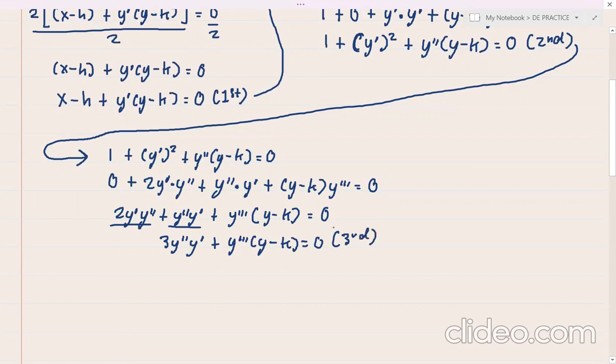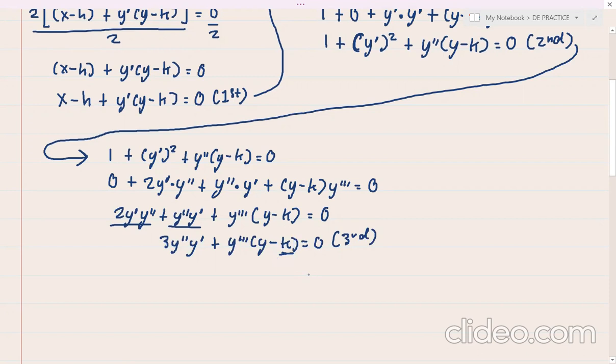And now, what was our third step, if you remember? Find a way or a method to eliminate the arbitrary constant if at least one of them still exists. Otherwise, that will be your final answer. Since k is an arbitrary constant and until now it still can't be eliminated, therefore, we're going to find a way to eliminate k.